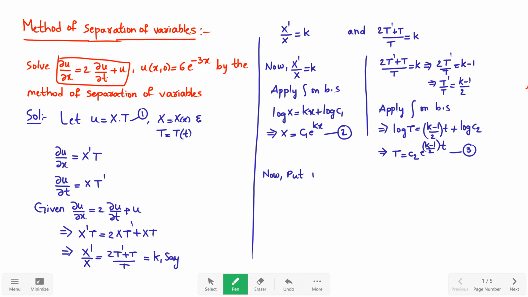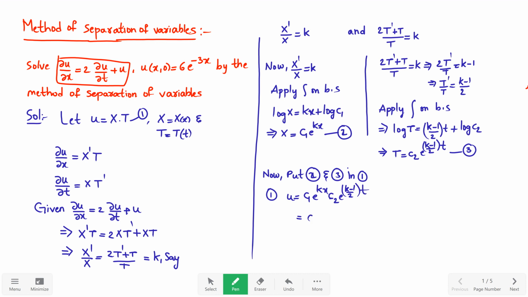Now if we put 2 and 3 in equation 1, then we get u = c1 e^(kx) · c2 e^(((k - 1)/2) t).